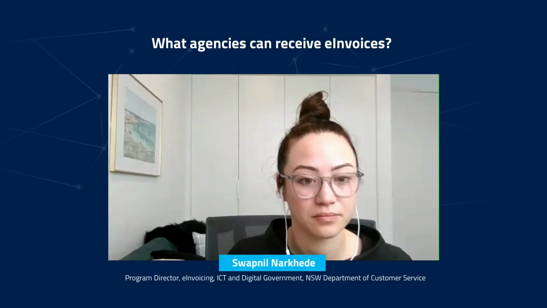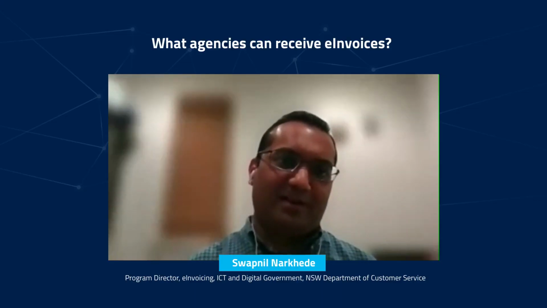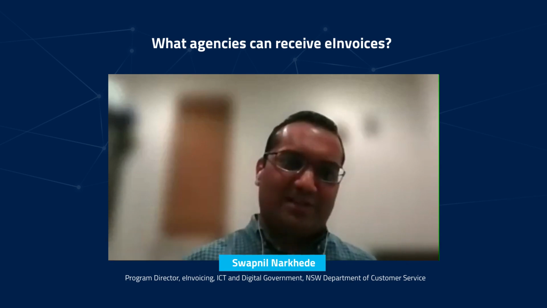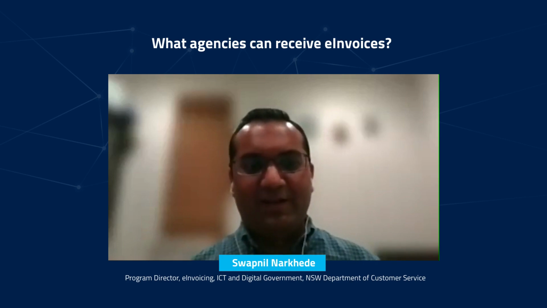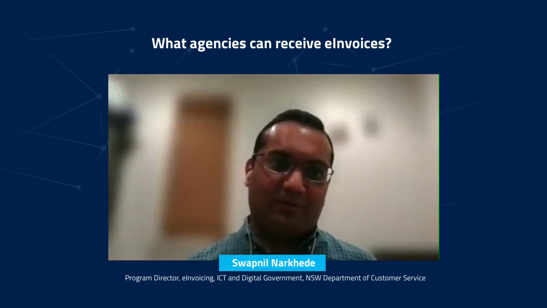There are quite a lot of agencies, but we've tried to simplify the structure by grouping them under 9 clusters. Of those 9 clusters, 6 of them are enabled with the whole of government PEPPOL compliant e-invoicing capability that we have established at the Department of Customer Service.